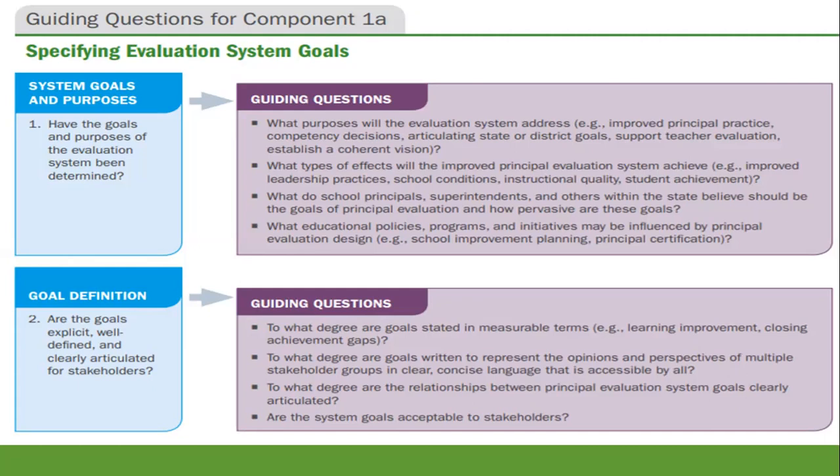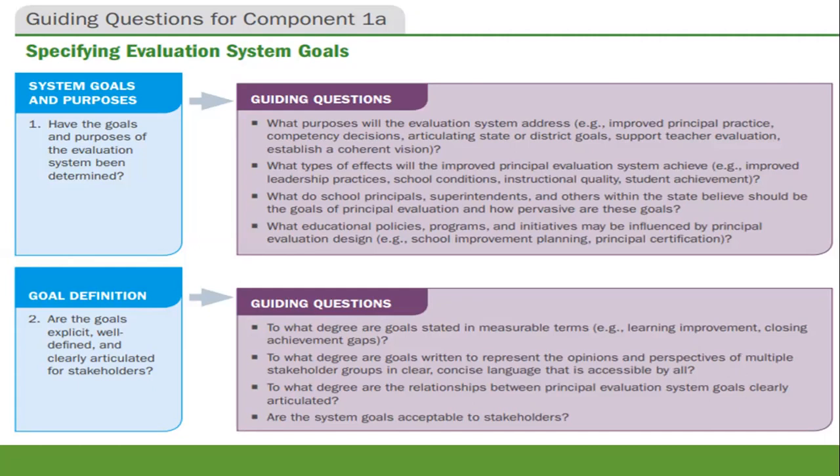Third, what do school principals, superintendents, and others within the state believe should be the goals of principal evaluation, and how pervasive are these goals? Fourth, what educational policies, programs, and initiatives may be influenced by principal evaluation design, for example, school improvement planning, principal certification?